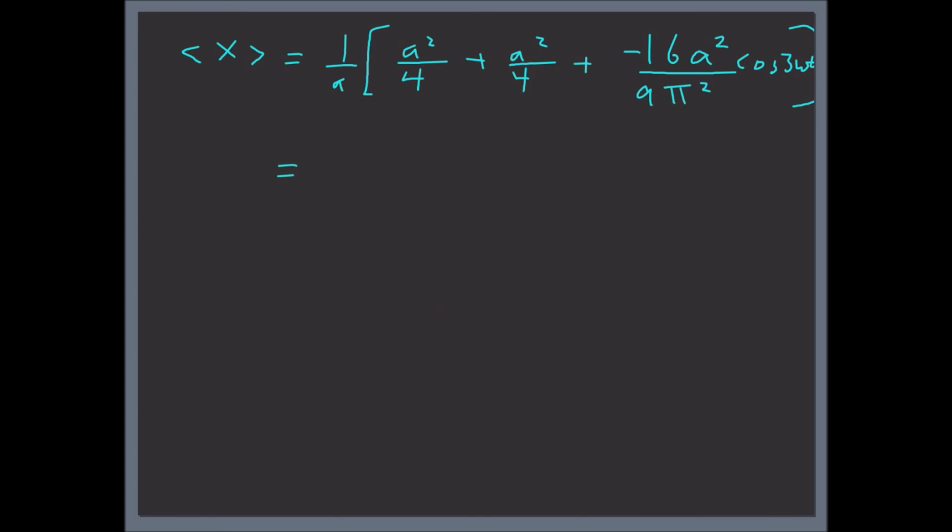Simplifying a little bit further, we get the expectation value of x to be a over 2.